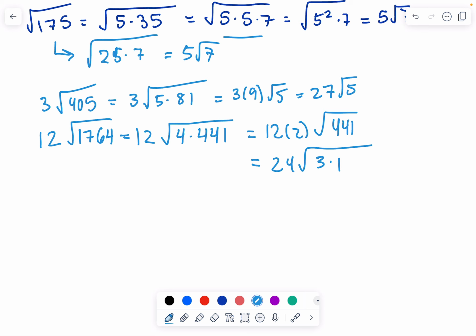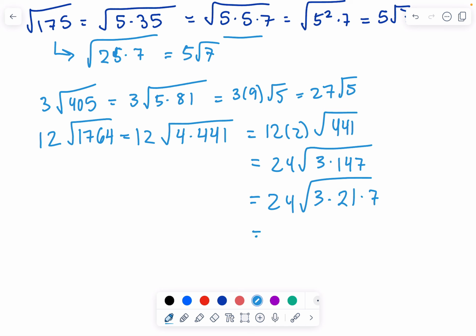It can go into 441 147 times, and then 7. Okay. Let's keep breaking that apart. Let's see if we get any pairs. So I know 7 can go into that 21 times.